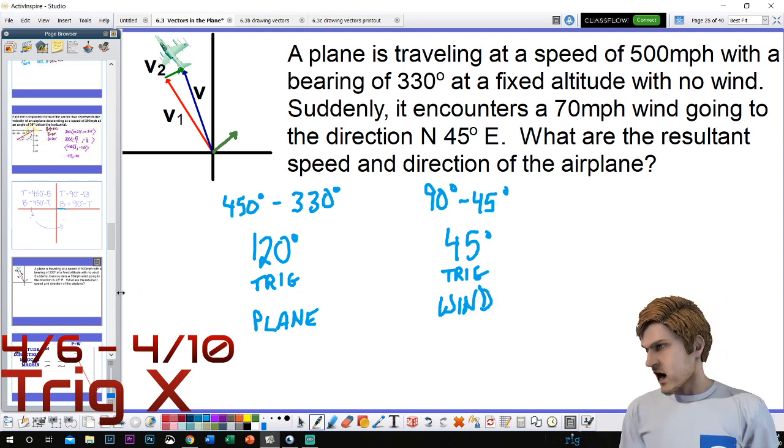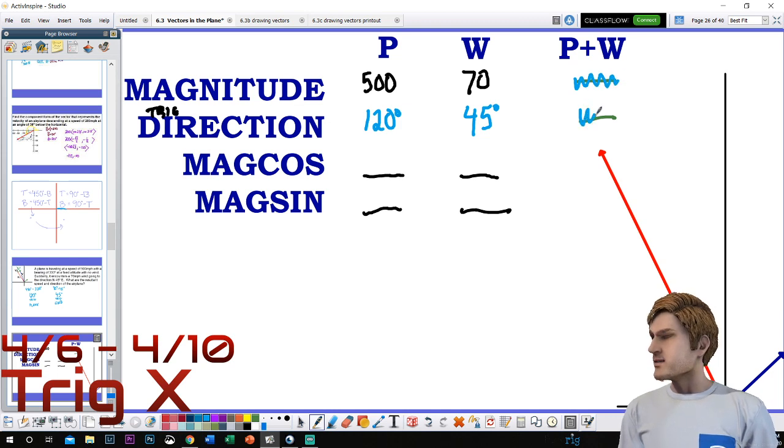Now that I have those, you will never have anything here or here. These are just blanks.